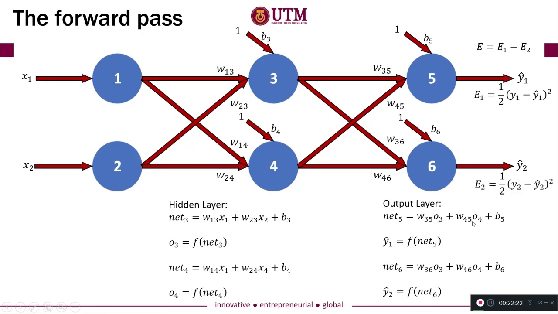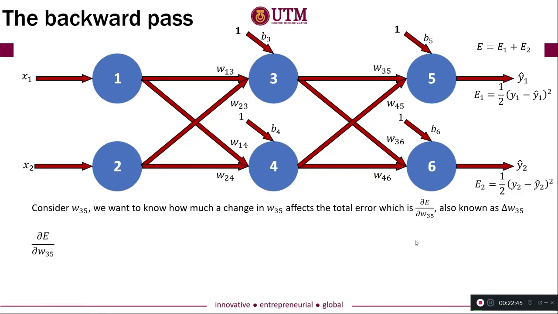So O3 and O4 need to be known when you compute the output layer. Once you know O3 and O4, you put them here, then you know what your O5 and O6 are, which are similar to your Y1 hat and Y2 hat there. That is the forward pass.